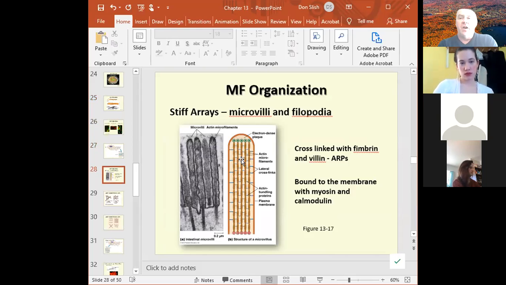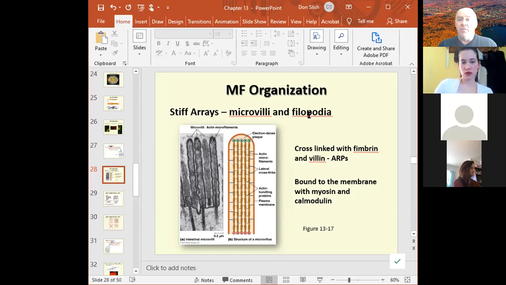So microvilli are found on the villi in the small intestine. They're just little projections of the plasma membrane that increase the surface area of your small intestine. So the membrane of that microvillus would be packed with transporter proteins to bring sugar in, bring amino acids in, again, making your small intestine more efficient.